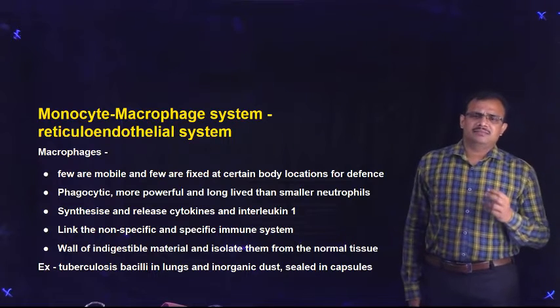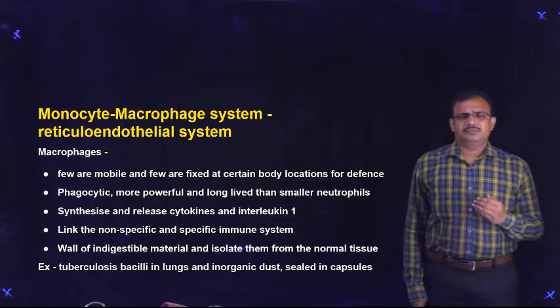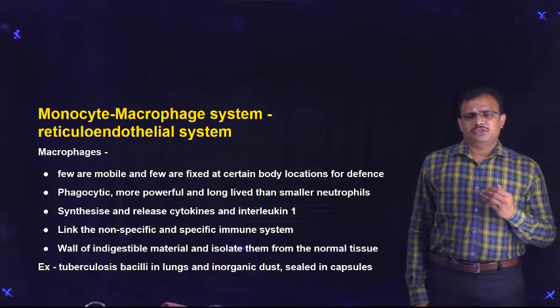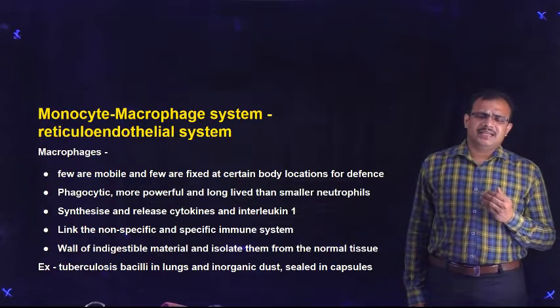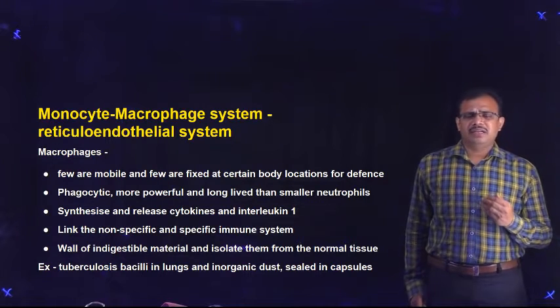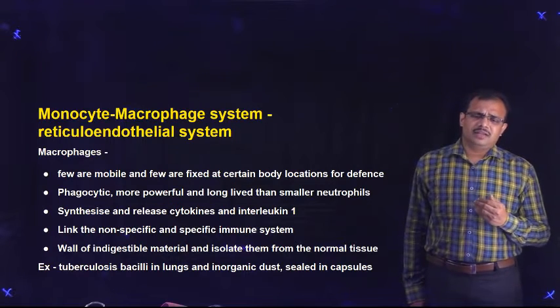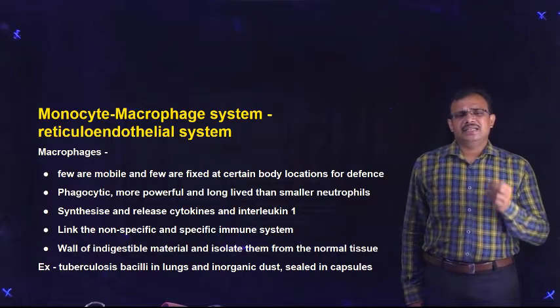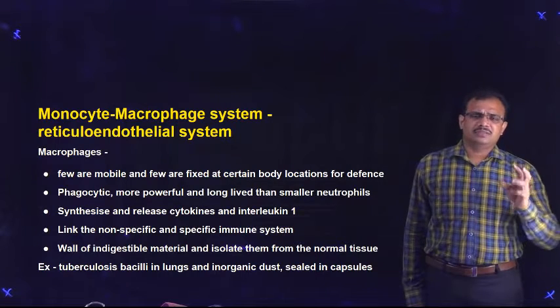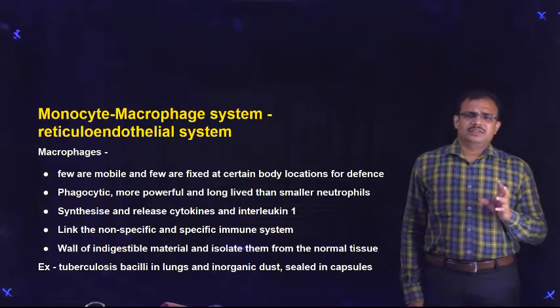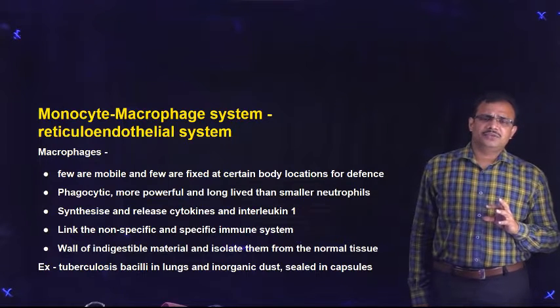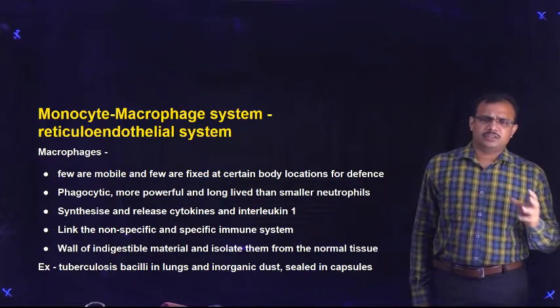This monocyte macrophage system is also involved in production of certain cytokines and interleukins, which are mediators of inflammation, and these also play a very important role in linking the specific and non-specific defense mechanisms. Defense mechanisms can be categorized into specific and non-specific.